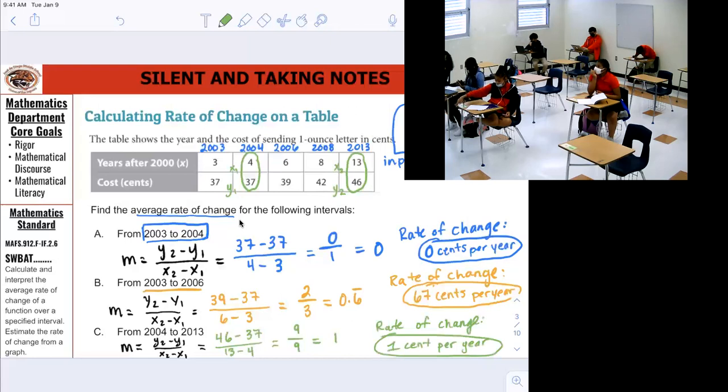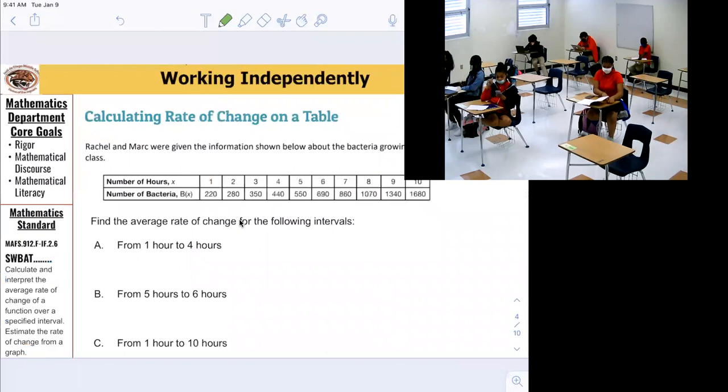I feel like we're starting to understand it a little bit better. So I'm going to put up a different example, and that'll be the last thing we do today because we're almost out of time. This is very similar. I want you guys to try A and B. See if you can get that on your own in the next 5 minutes because class is almost over. I'll read the question out loud while you get to work. Rachel and Mark were given the information shown below about the bacteria growing in a petri dish in their biology class.